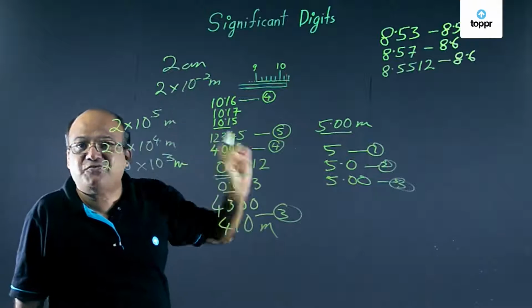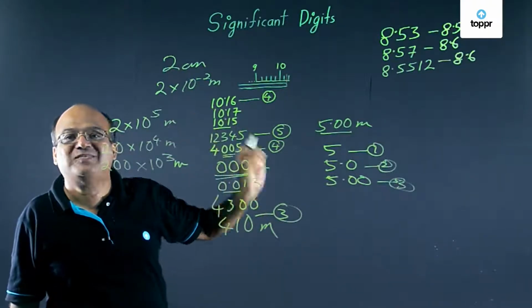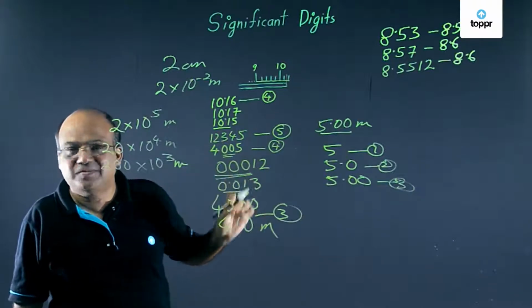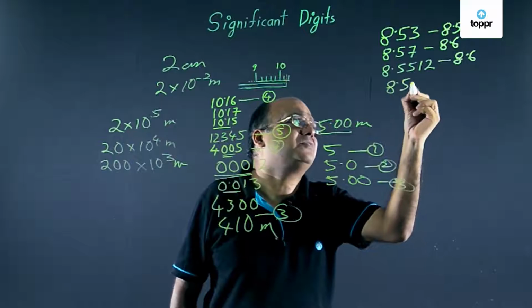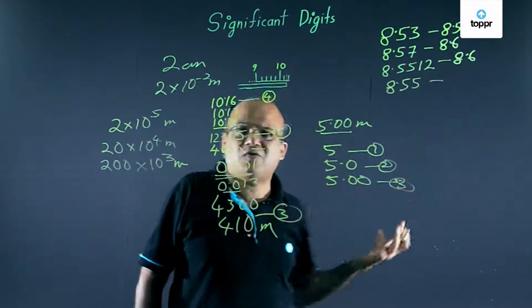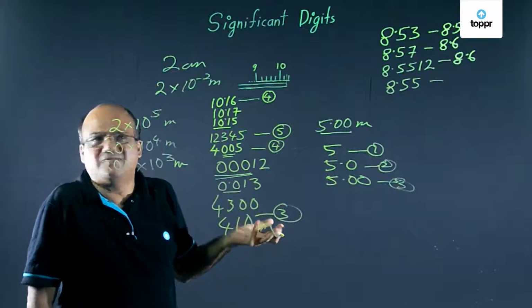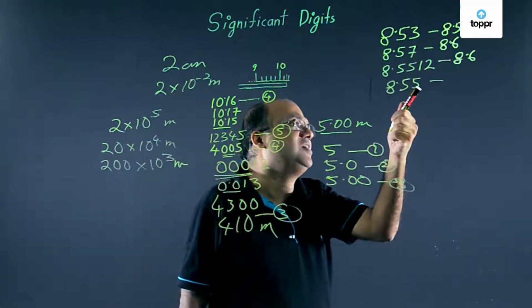Now when it is 5 or 5 followed by zeros, it becomes a little bit tricky. Suppose it is 8.55. What will it round off to? If you round off to 1 decimal place, 8.55, so 5 is here.